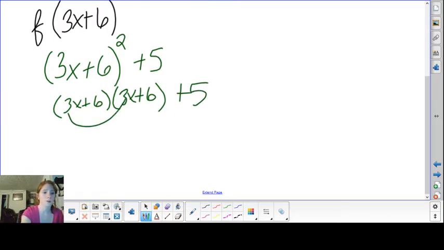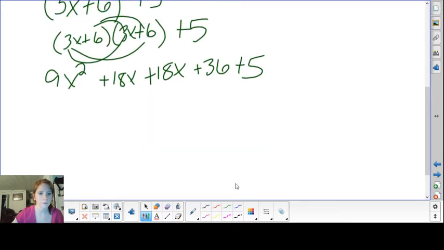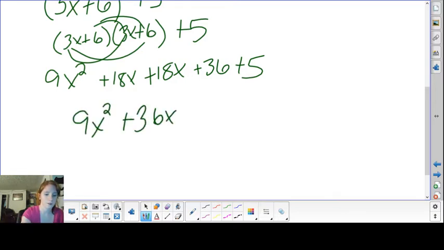So 3 times 3 gives me 9, so I have 9x squared plus 18x plus 18x, plus 36 plus 5, which results in 9x squared plus 36x plus 41.